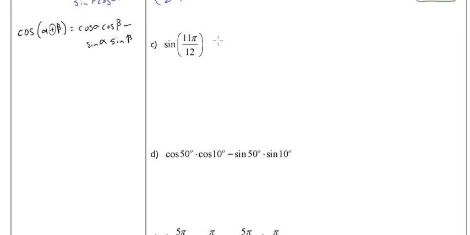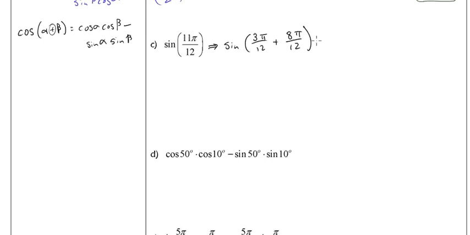All right, so this time we've got radians, but this is going to be equivalent to sine of, let's see, how do we want to get 11/12? So we know 3/12 and 8/12, we know their equivalencies. 3 pi over 12, remember that's pi over 4, and then 8 pi over 12, that's 2/3 pi.